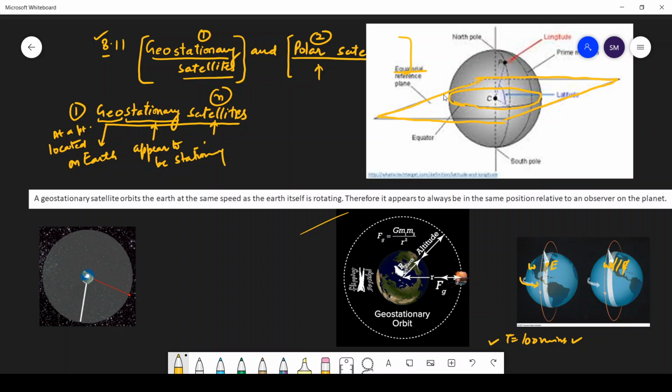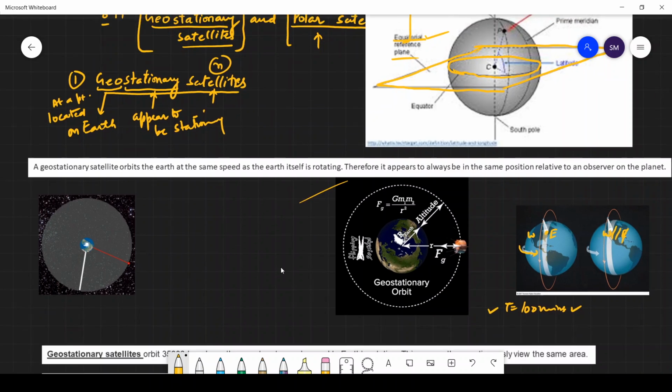Okay, so this plane is your equatorial plane. So the geostationary satellite orbits in this equatorial plane. This is showing you the equatorial plane. This is also showing you the equatorial plane from the top.